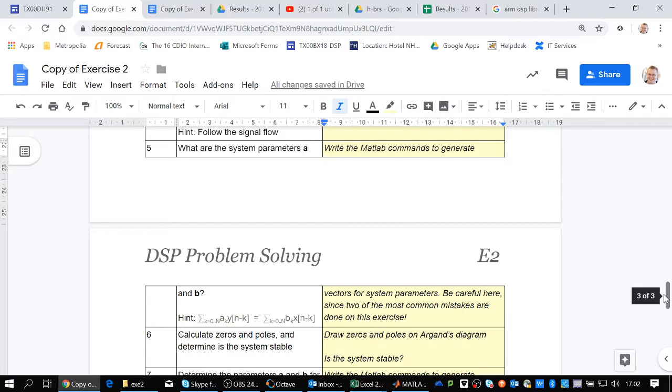So if you have this difference equation compared to this one, the sign on the right hand side is minus. So on the right hand side, okay, let's go from 1 to N. So this is the feedback term.